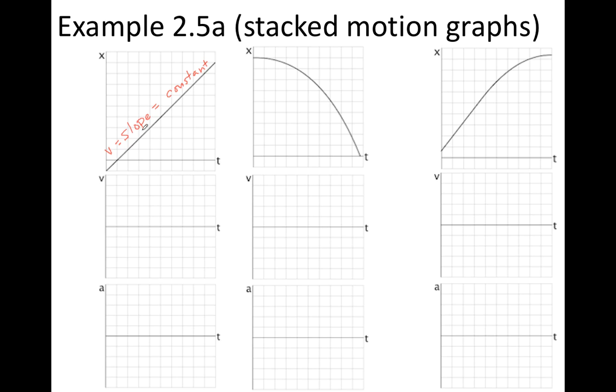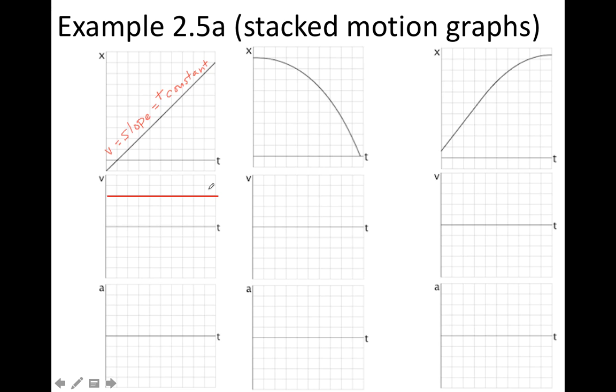Not only is it a constant velocity, it is a constant positive velocity. So we're going to have to graph a constant positive value. Well, what's that look like? That looks like a horizontal line. So a sloped line on the position time graph gives us a horizontal line on our velocity time graph.